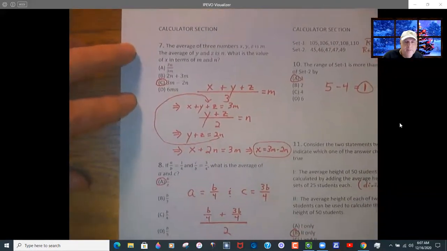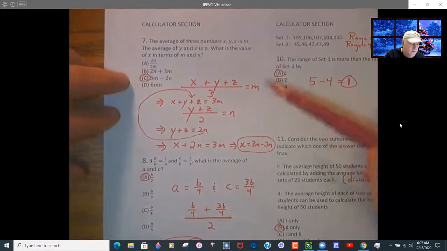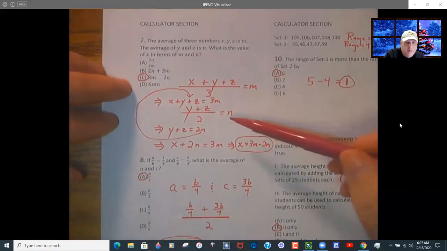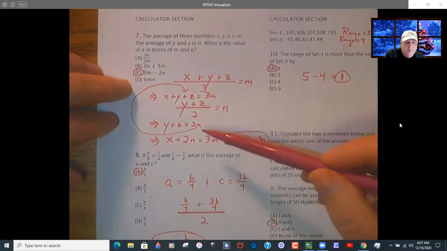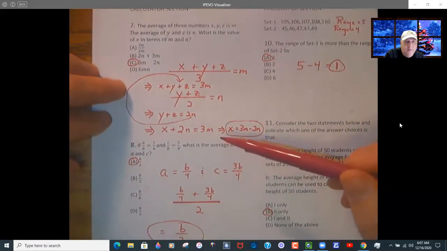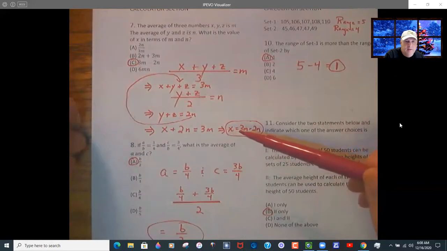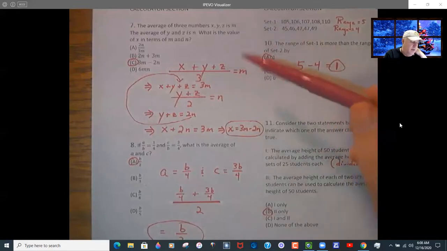Problem 7. The average of 3 numbers x, y, and z is m. So I did this here. 3m is the sum. The average of 2 other numbers, y plus z over 2 is n. Okay, so there's 2n is the sum there. What is the value of x in terms of m and n? So certainly you can pick numbers for all of these, but don't do that.